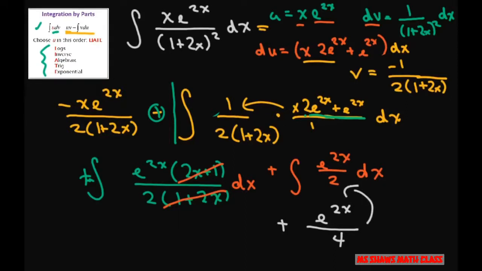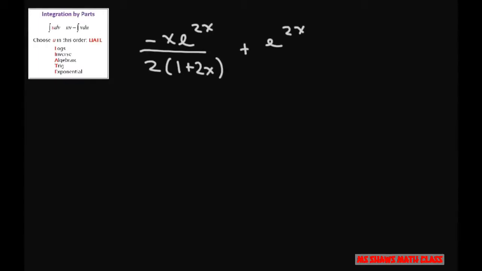So that's what that is. So finally, your answer is just going to be, putting everything together, negative x e to the 2x divided by 2 times 1 plus 2x plus e to the 2x divided by 4 plus your c.